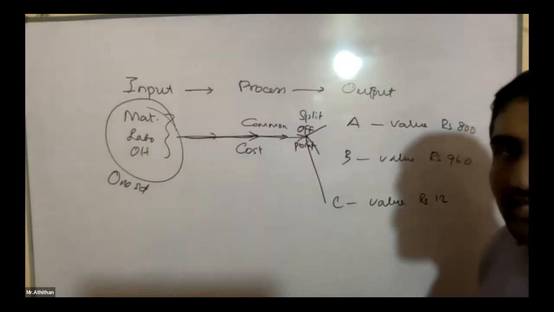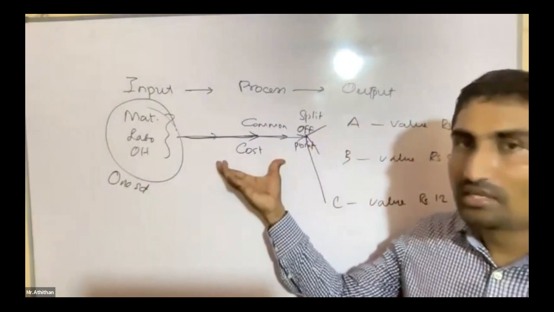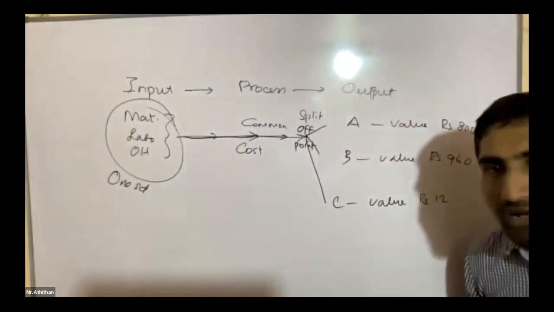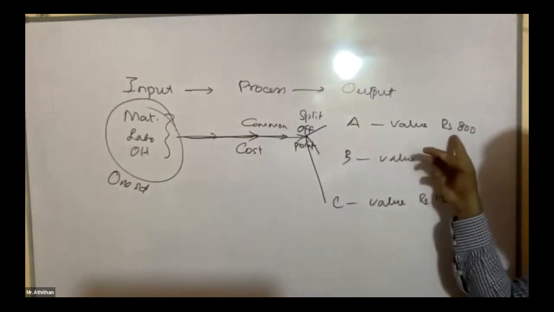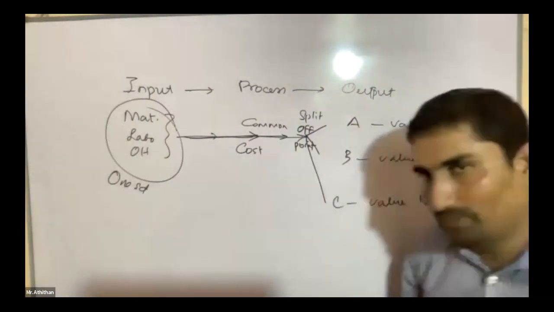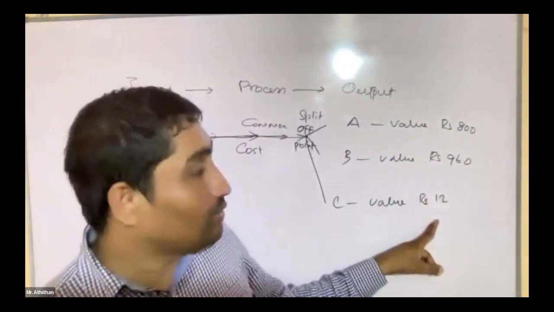Right? Let's assume an example. We are using the common set of inputs, common cost, and we have three outputs: product A, product B, and product C. Product A unit price is 800 rupees. Product B 906 rupees. Product C 12 rupees.